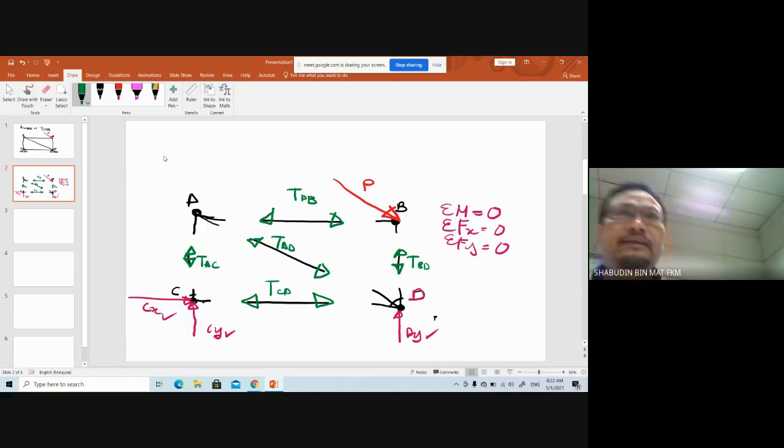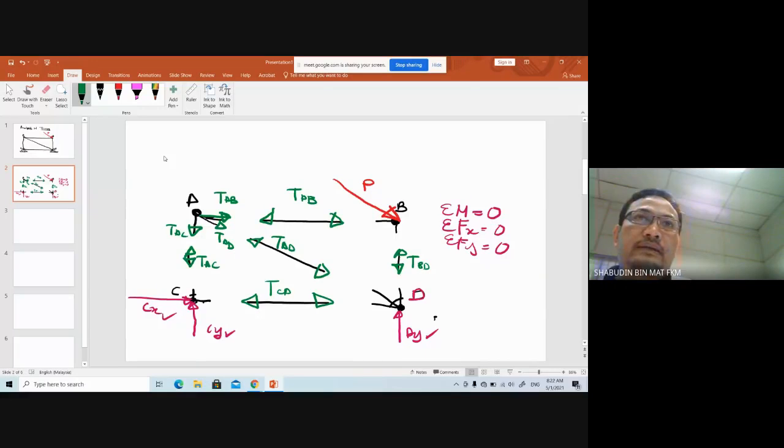Okay. And to maintain equilibrium, you should have another force, the same force, here. T AB, T AD, both must be in different directions. So T AC, okay, and T AC as well.